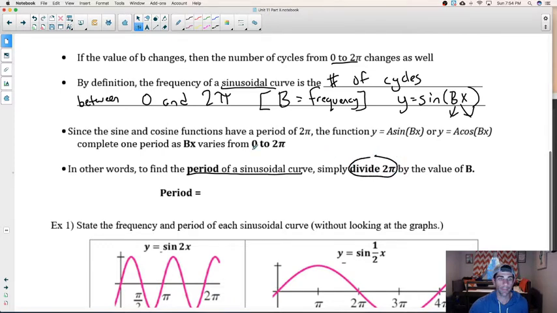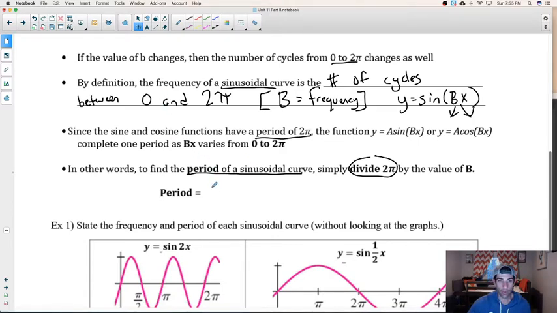Let's read this again to make sure we're good. Since the sine and cosine functions have a period of 2 pi, those functions complete one period as bx varies. We're trying to figure out how long it takes to complete one cycle, or a period.